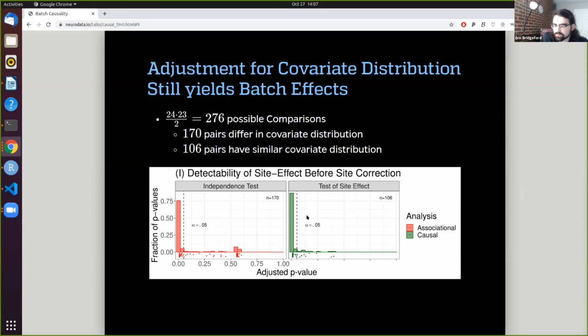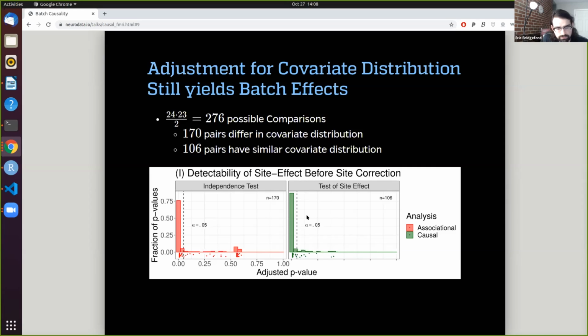So in this first figure, we took a look at whether or not associational or batch effects were actually present in the data set. We have a total of 276 possible comparisons amongst these 24 times 23 pairs of data sets, where we removed duplicate comparisons since our test statistic in this case was symmetric.